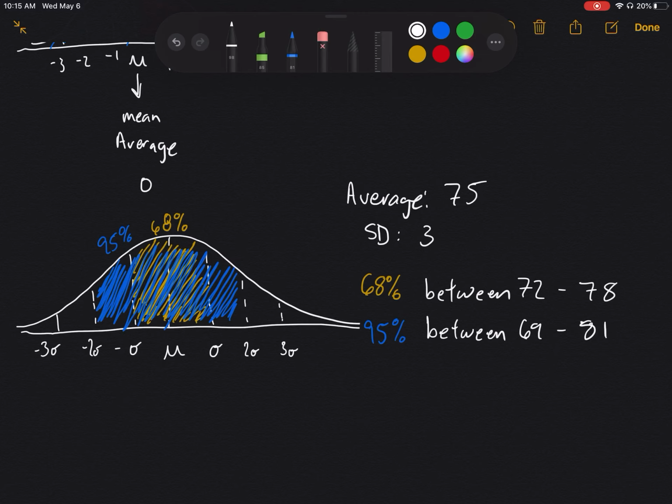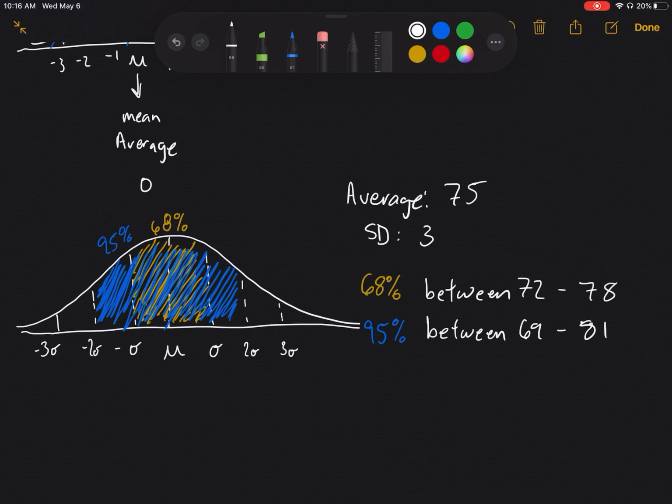So assuming that our test was normally distributed, you have a 95% chance of getting between a 69 and an 81. That's pretty good, right? 95% of my students are passing, and not only passing, but passing with most likely a C here, which is pretty good. Not too mad about that.